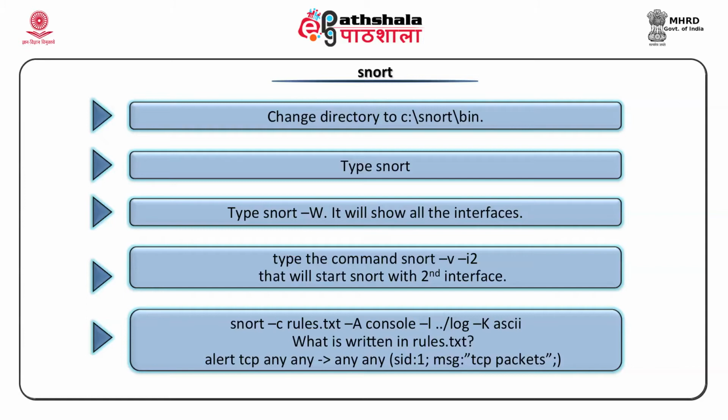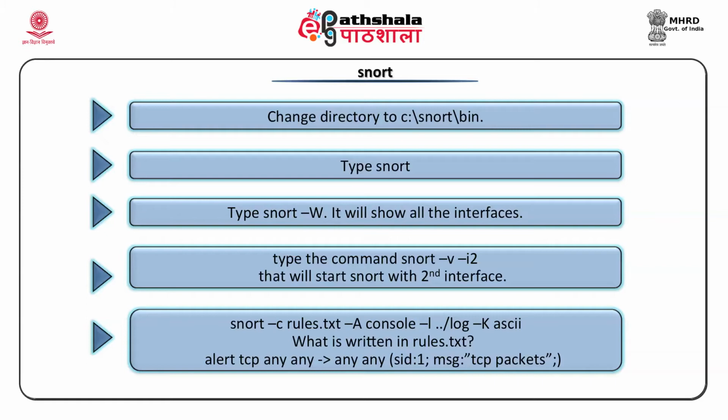Then we have said /log. You are right now in the bin directory. The log directory is in the parent directory of the bin directory. Who is the parent directory of the bin subdirectory? Snort. So, in Snort you will have a log folder where you want to log all the records. So, -l /log -K ASCII.